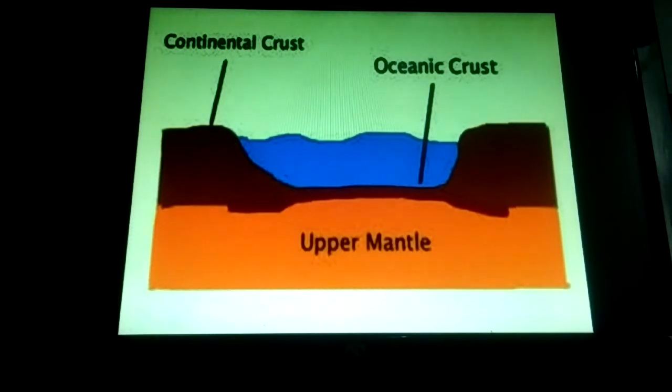It comprises mainly silica and magnesium. These two join to make the word SIMA, sima.